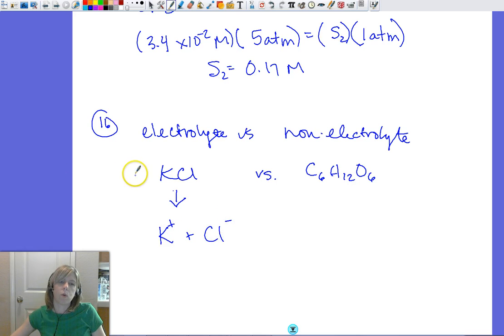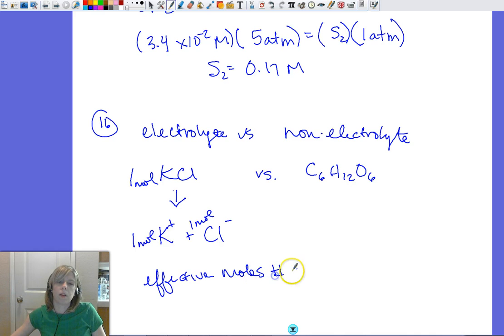So if I have 1 mole of this, then when it breaks up, I will have 1 mole of potassium and 1 mole of chloride for an effective mole number of 2 moles.